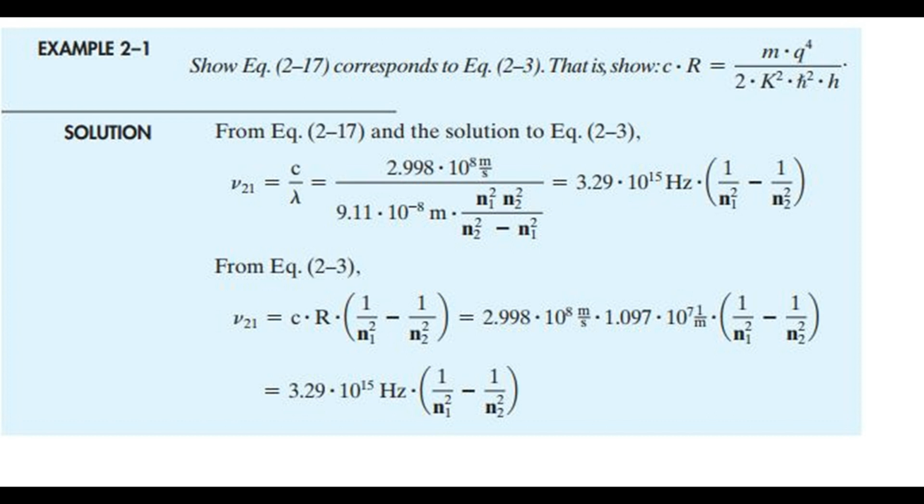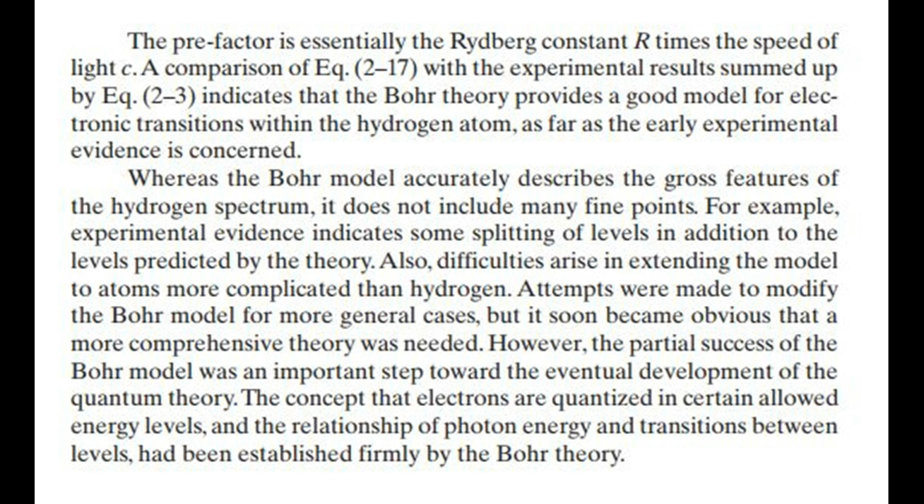Whereas the Bohr model accurately describes the gross features of the hydrogen spectrum, it does not include many fine points. For example, experimental evidence indicates some splitting of levels in addition to the levels predicted by the theory. Also, difficulties arise in extending the model to atoms more complicated than hydrogen.